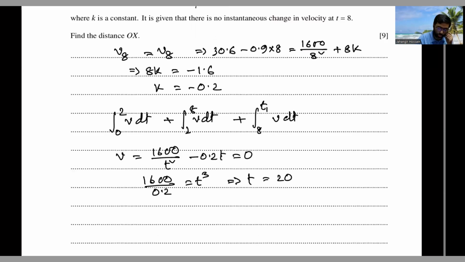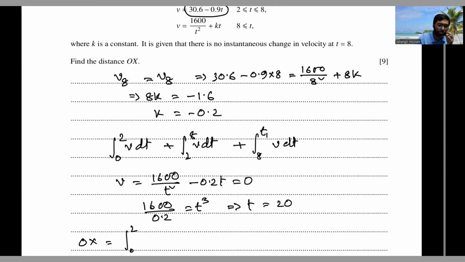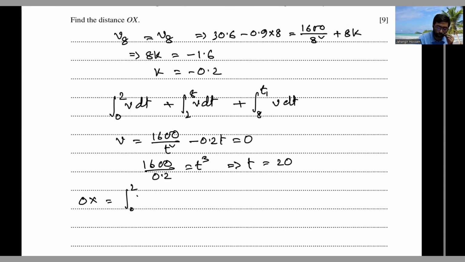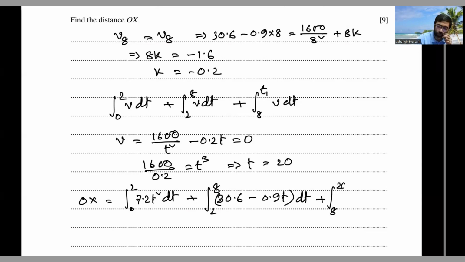OX is 0 to 2, integrate the first equation 7.2 t square dt. Then 2 to 8, we have 30.6 minus 0.9 t. And finally, 8 to 20, we have 1600 t to the power minus 2 minus 0.2 t.